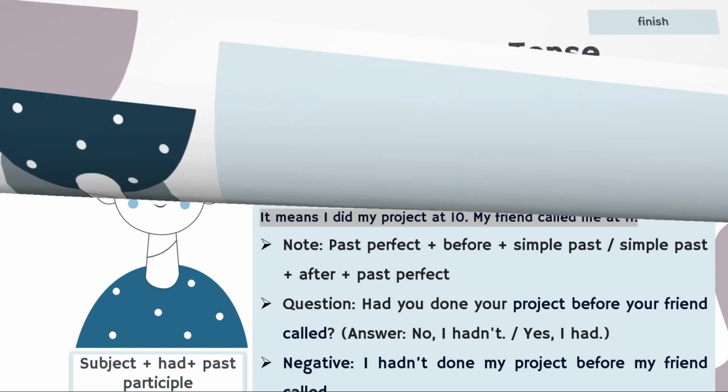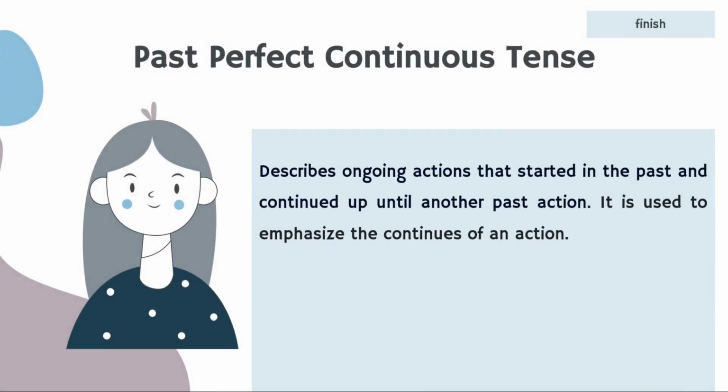And the last one here is past perfect continuous tense or past perfect progressive tense. For example, I was waiting for the train for hours and then the train finally showed up. So to make a sentence for this action, we should say I had been waiting for hours before the train finally arrived.